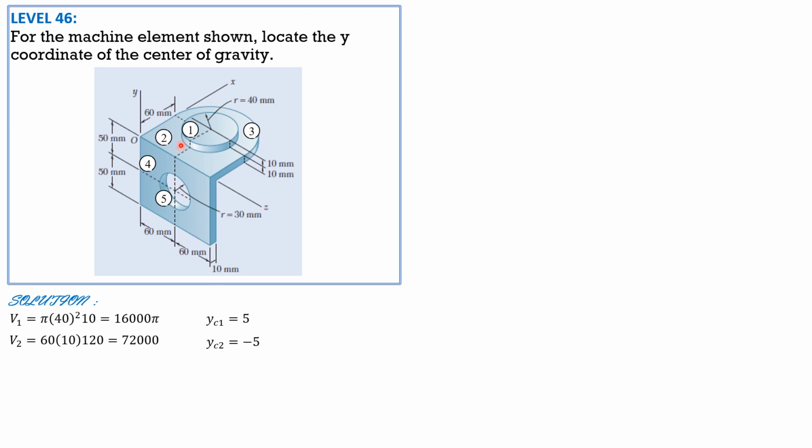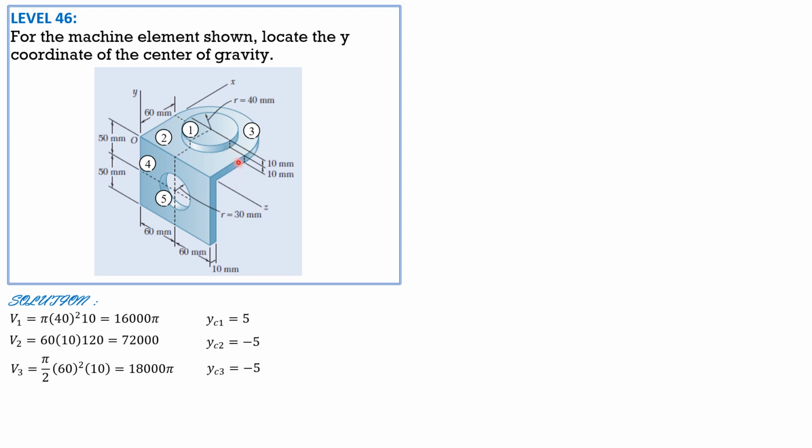Volume 3 is the semicircular plate. The radius is 60. So pi over 2, 60 squared times thickness 10 again, and it is equal to 18,000 pi. Then y sub c3, it is above the xz plane, so positive 5 mm.